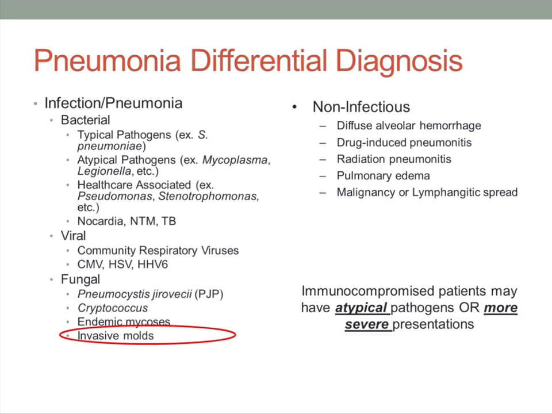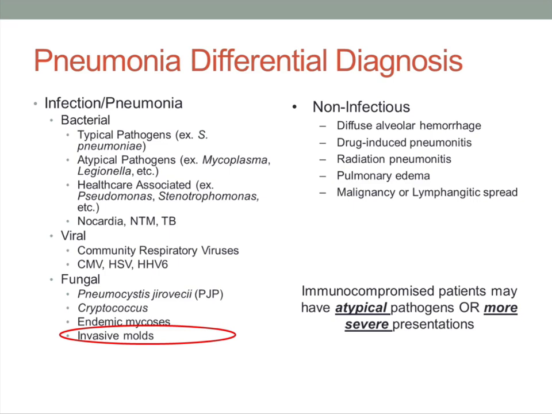Pneumonia, I think y'all know, is a very, very broad diagnosis, a broad differential in patients with hematologic malignancy. That can be just typical bacterial infections that even patients who don't have cancer may get, but it also can include a lot of things like viruses that can reactivate or fungal infections.